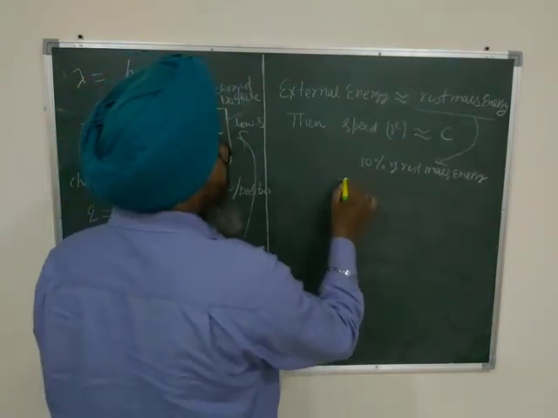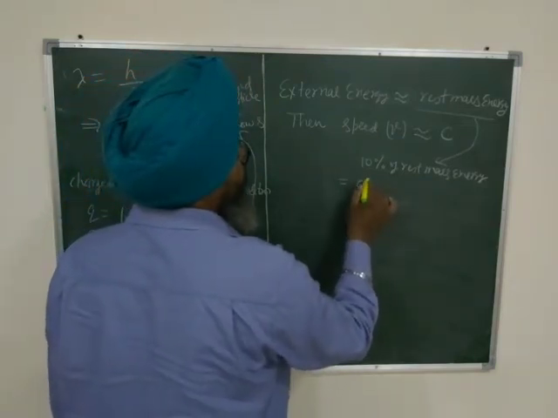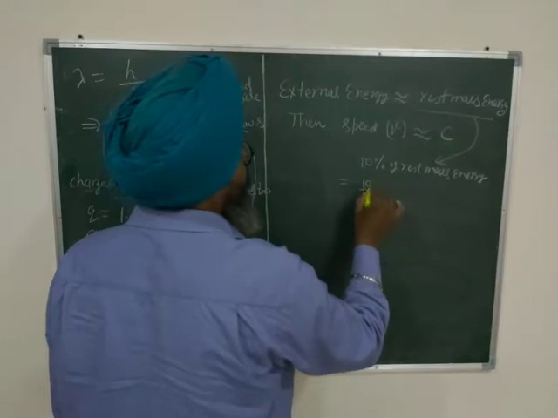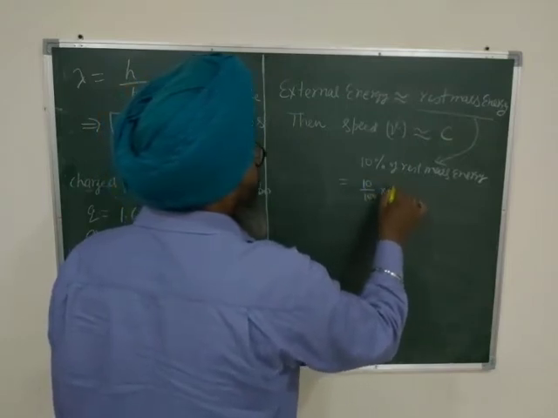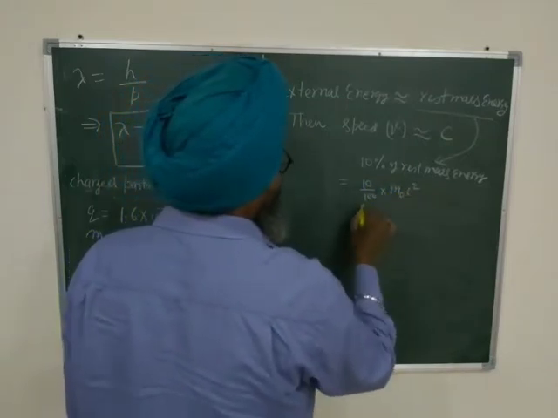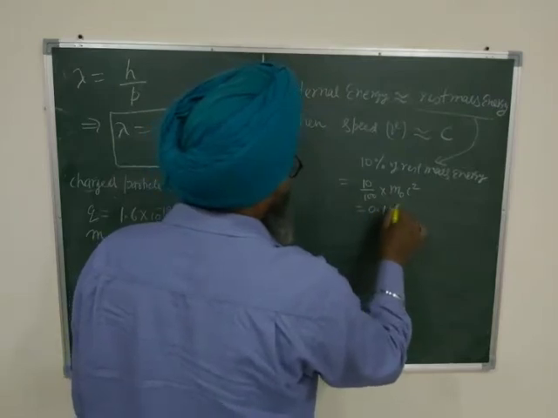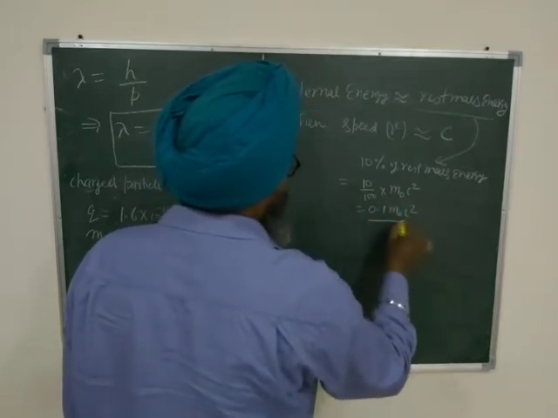That is 10% of rest mass energy means 10 by 100 into m naught c square, that will be 0.1 m naught c square.